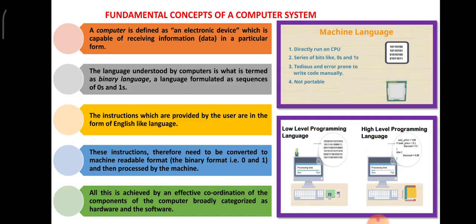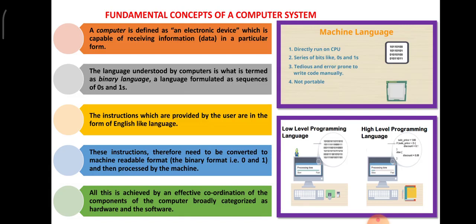Bi means 2. How many wheels does a bicycle have? A bicycle has 2 wheels. So bi means 2, and this is formulated as zeros and ones. So the language that a computer understands is termed binary language, and it is of the form of either 0 or 1. Hope this second point is clear.